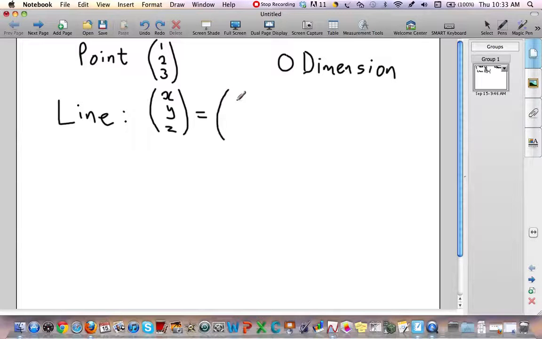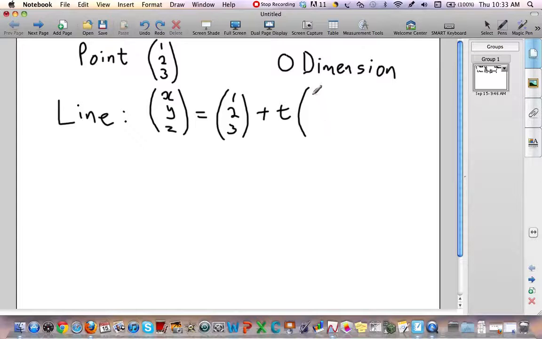In this case we're working with a specific line, and that line will have as one of its points the position vector, or the point 1, 2, 3. And then what we're going to do is add in a parameter t and give the line a direction.